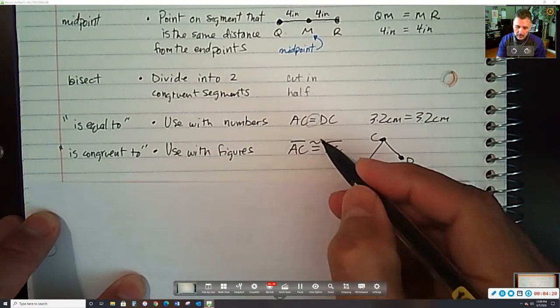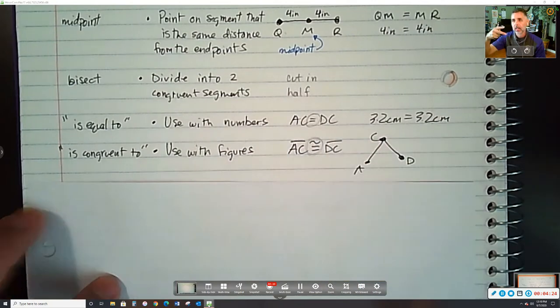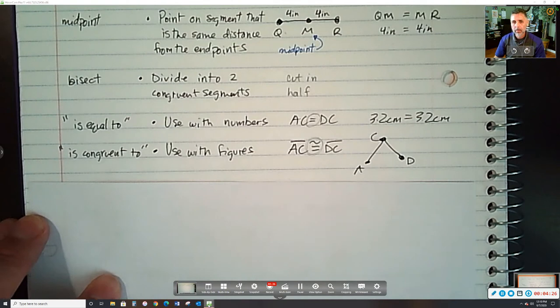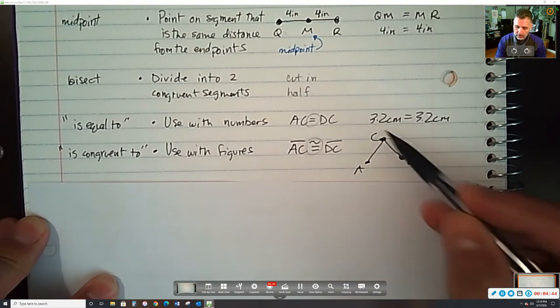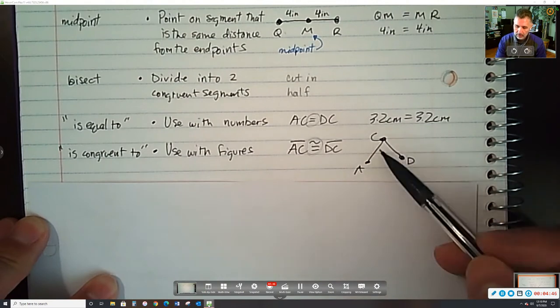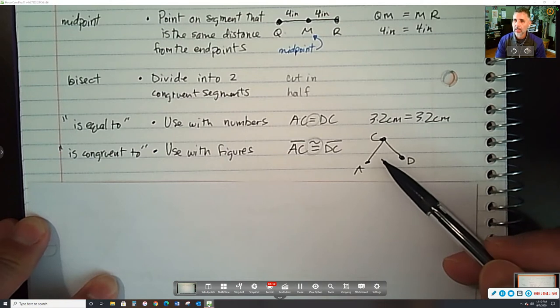And then congruent to may be new to you, but it's two lines with the squiggly on top. Again, if you're not talking about actual measurements, actual numbers, and referring to more like the object, you would use congruent to. So AC is congruent to DC, right? There's no measurements here, but I know they're the same because we're saying congruent.